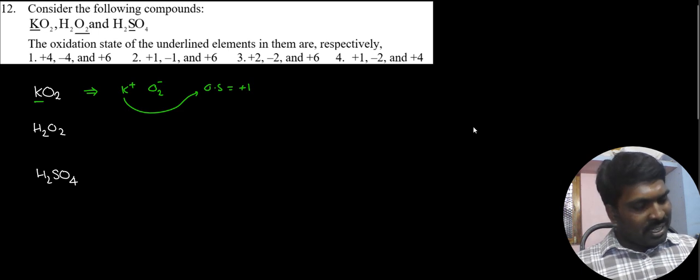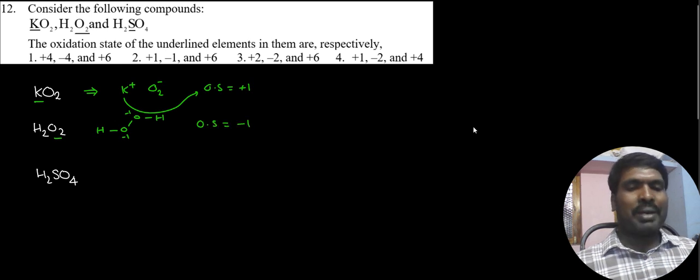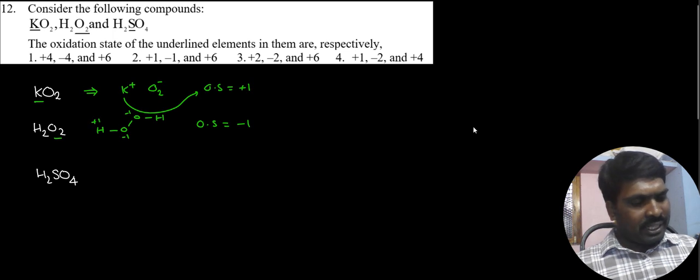Now hydrogen peroxide, how can we write? H single bond O, H. This is hydrogen peroxide. Here oxygen has peroxide bond, so oxygen oxidation state is -1. Hydrogen here is +1, but oxygen -1.